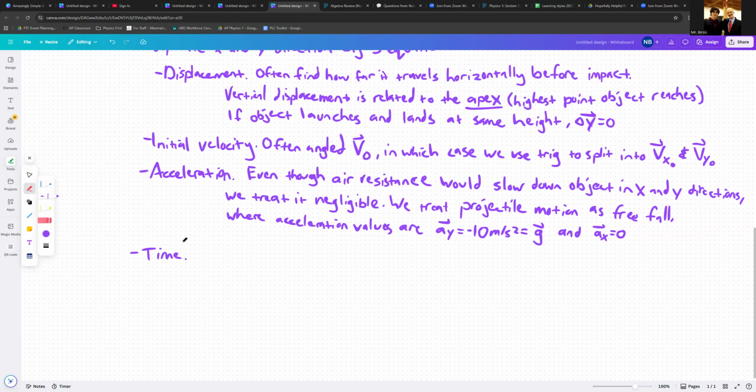For time, there's a few key things to point out. The big one we already mentioned with the two-dimensional motion is we can use the time value, whatever time t is, in both x and y big five equations.